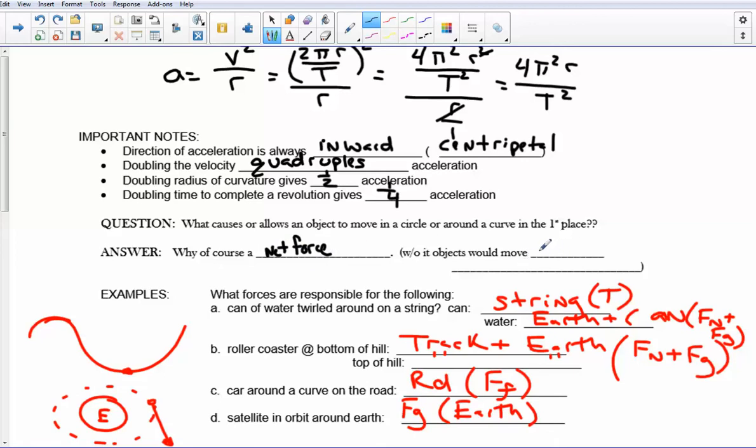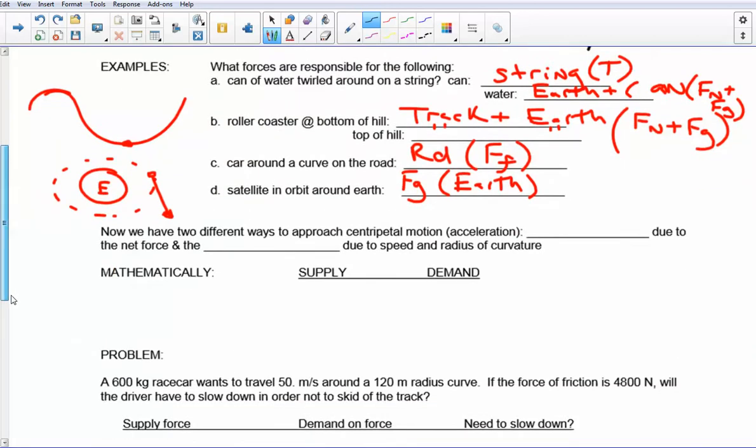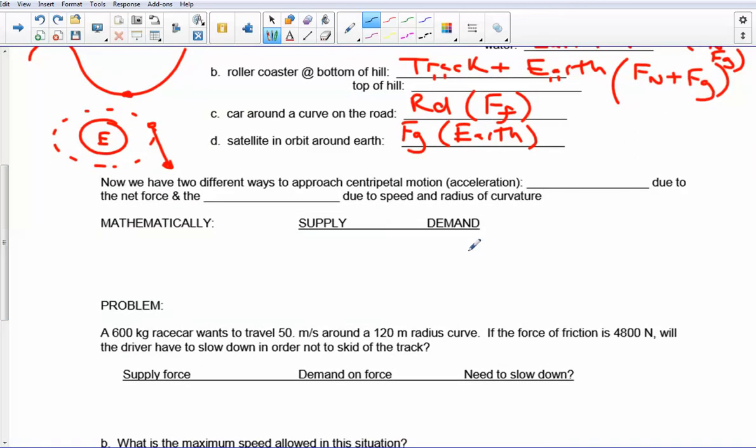Without it, the object would move at a constant velocity, which means a constant speed in a straight line. We talked about some examples today and described the forces acting on them. Now I want to look at it in a slightly different light.